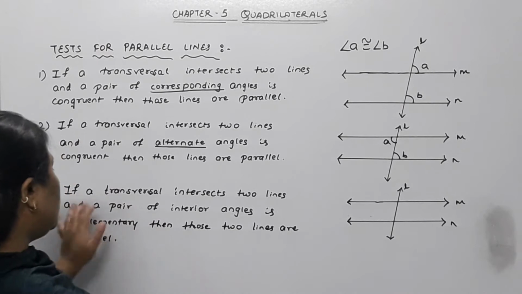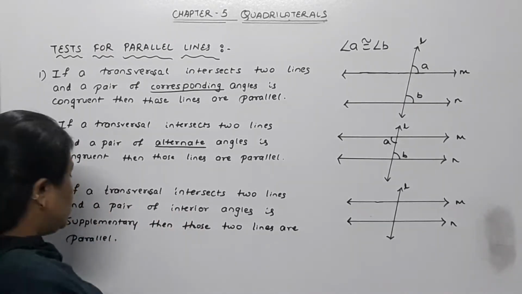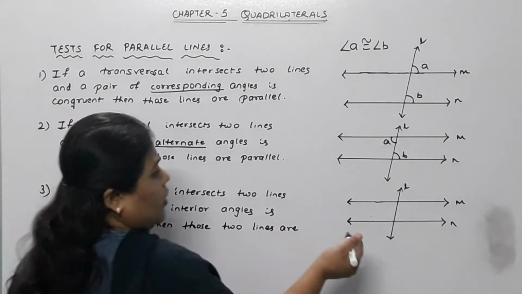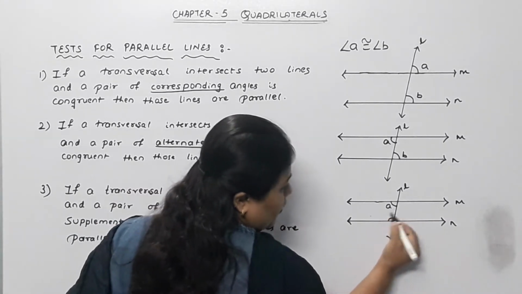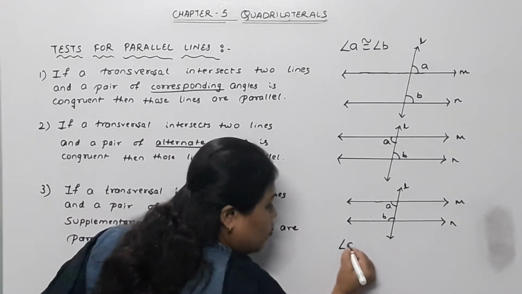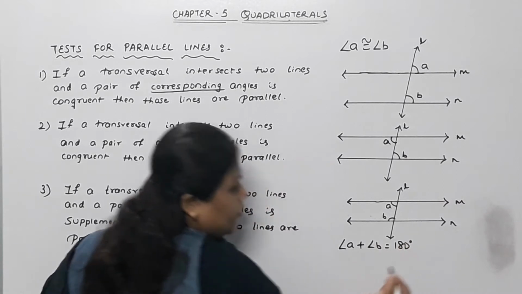Then in the third statement, if a transversal intersects two lines and a pair of interior angles is supplementary. Here if I take angle A and angle B, these are two interior angles. The sum of those two interior angles is 180.